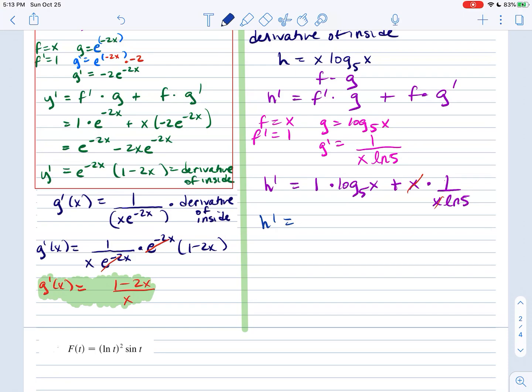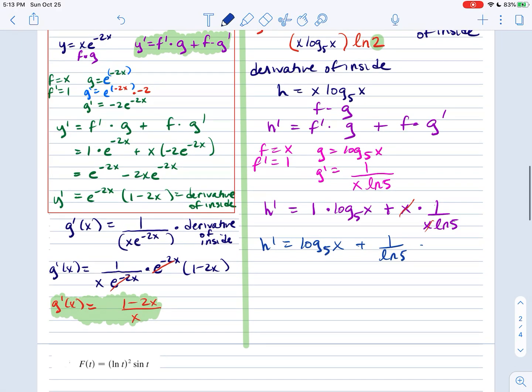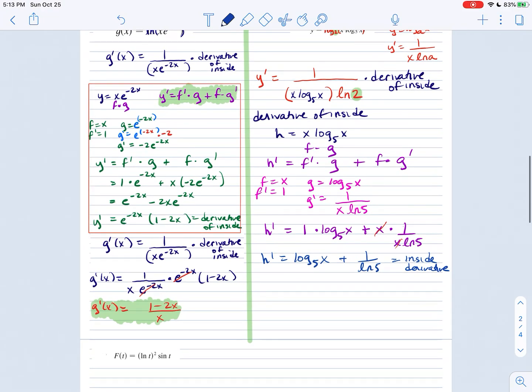We can clean things up, we can cancel our x's, and so our h prime, which is the derivative of our inside, is just going to be log base 5 of x plus 1 over the ln of 5. So that's my derivative of the inside.